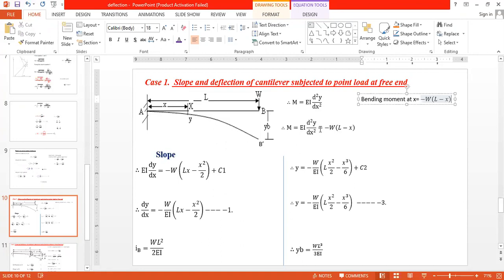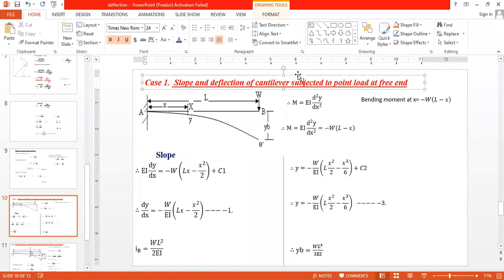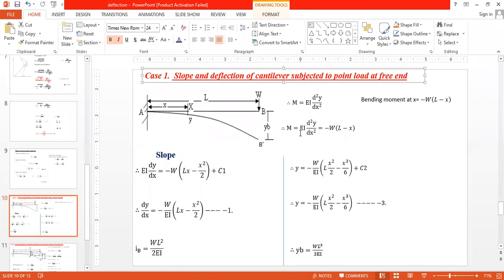We'll go one by one. For finding the slope, you have to integrate this equation. Now we are using double integration method, therefore first we will integrate this equation.